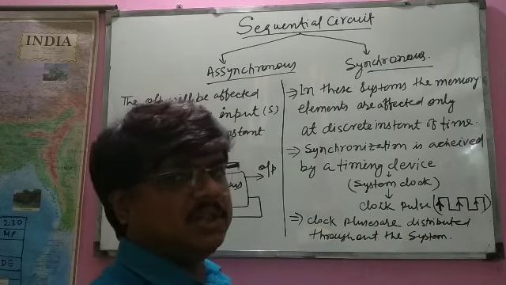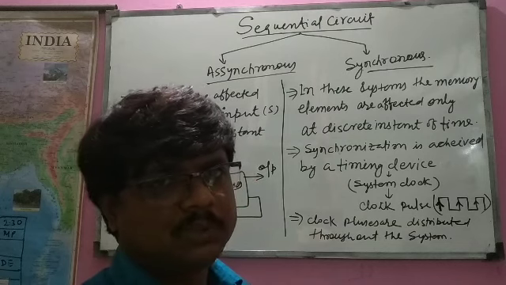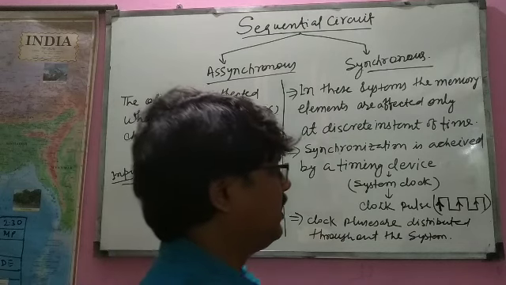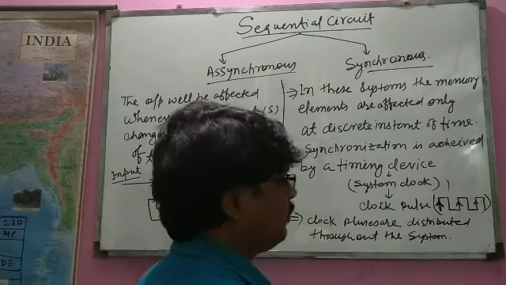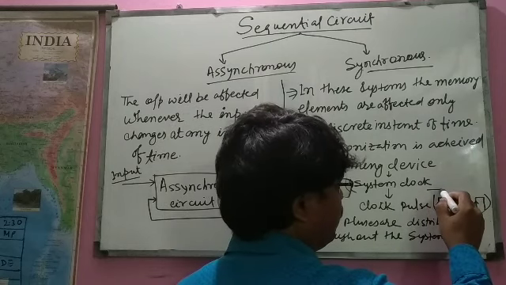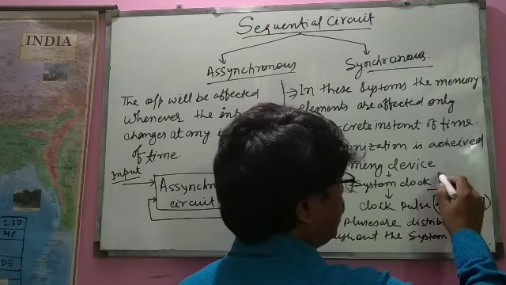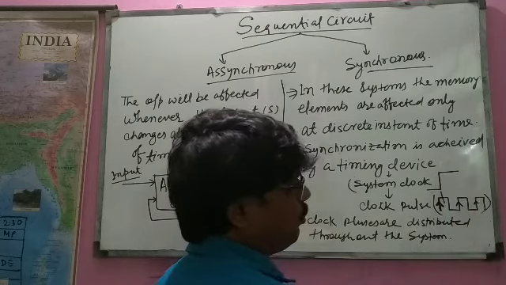In between, if there is a change in the input, the output will not change at this point. Let us suppose this is the input waveform, and the input has changed at this instant of time. No, its output will not change.